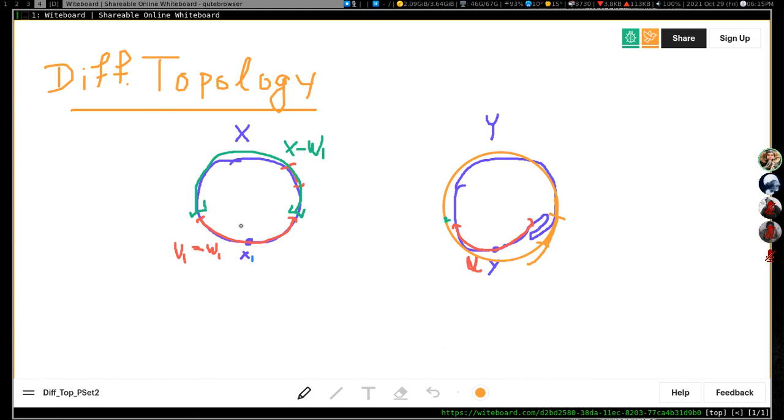X minus W1 is going to contain all of this, up to here, aha, together with... So now if I choose a neighborhood of y and the complement of that, it's got to be in here.